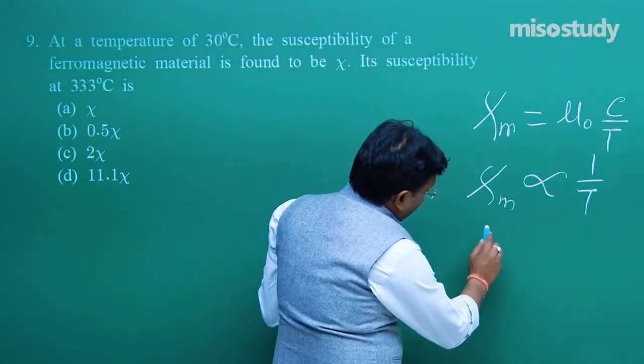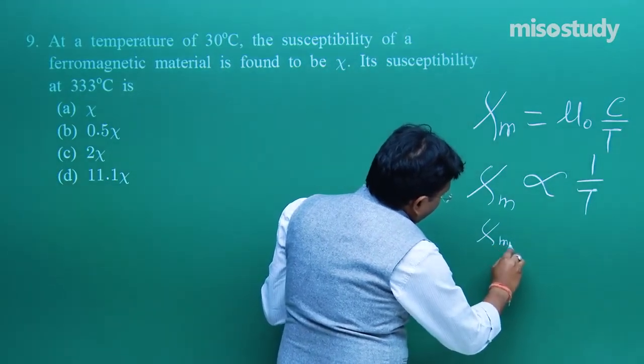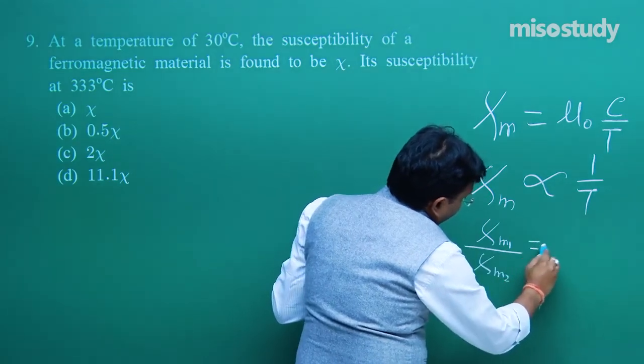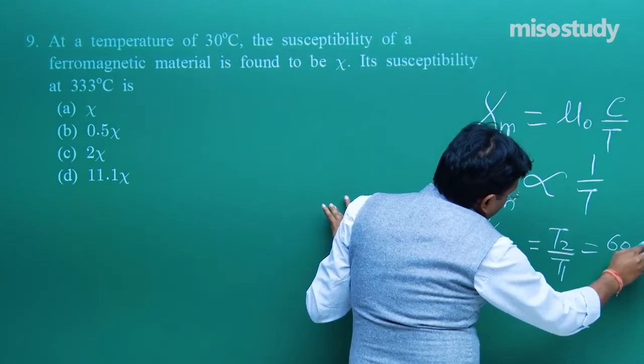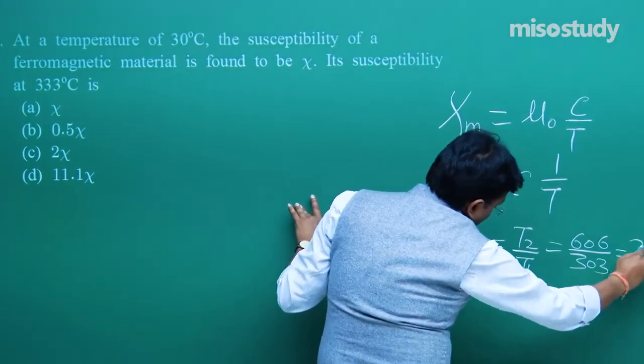So I can say chi m1 upon chi m2 is equal to T2 by T1, which is 606 upon 303, that is 2.